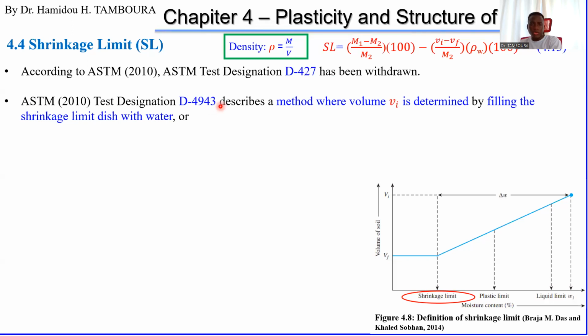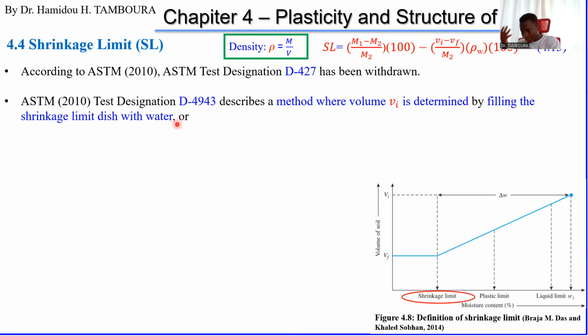Okay, so in this method, in this designation, the initial volume is determined by filling the shrinkage limit dish with water.